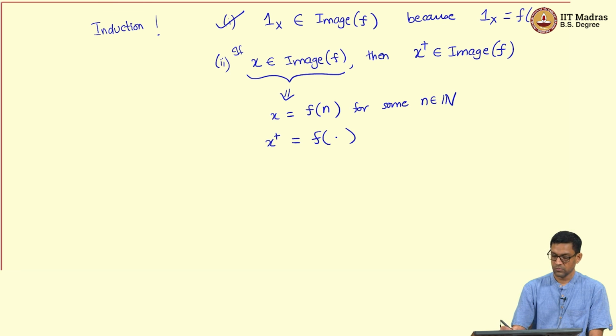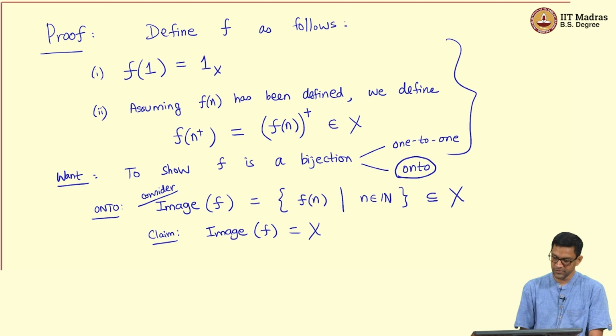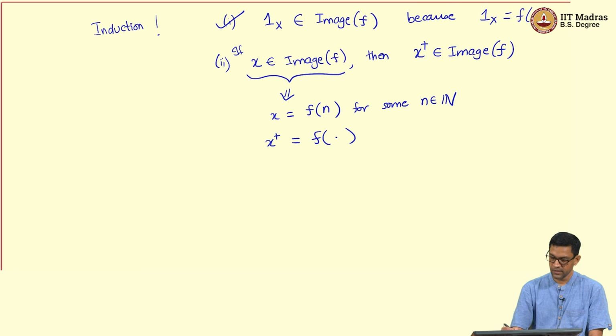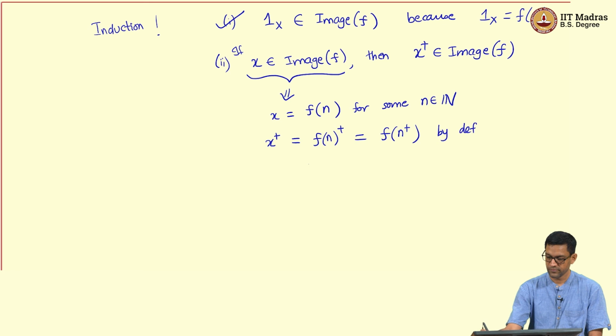Now, we do know how f was defined, so let us go back to the definition. f was defined like this, f of n plus is f n plus. Let us apply it to this element. If x is f of n, then x plus is nothing but f of n plus, which is f of n plus, just by the definition of f.